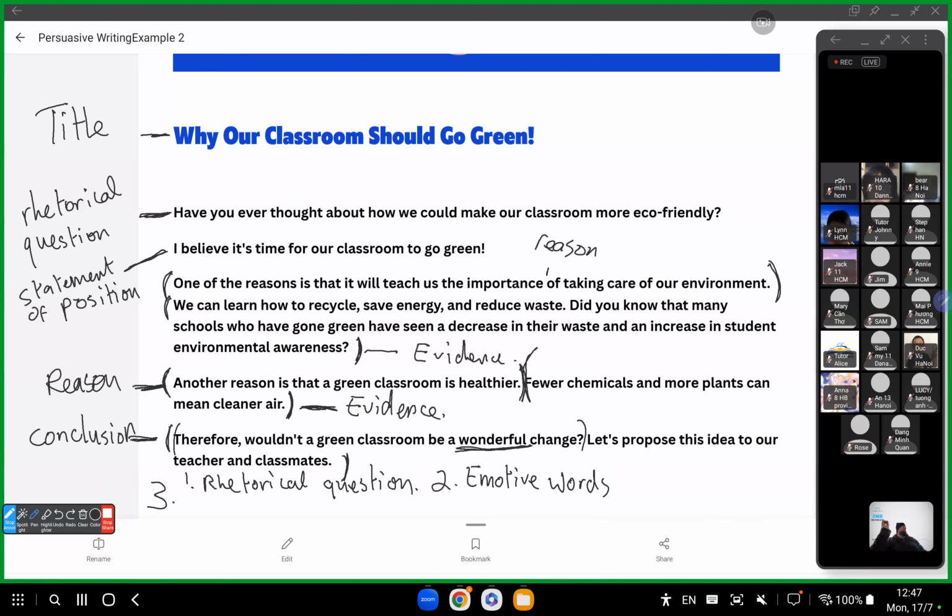Wouldn't it be good to start helping the environment a little bit? But they took it a step further and used the word wonderful, because when you hear the word wonderful, it just paints this really nice picture in your head, and it can be very persuasive to use words like that. So emotive words. And finally, number 3, we have our call to action.